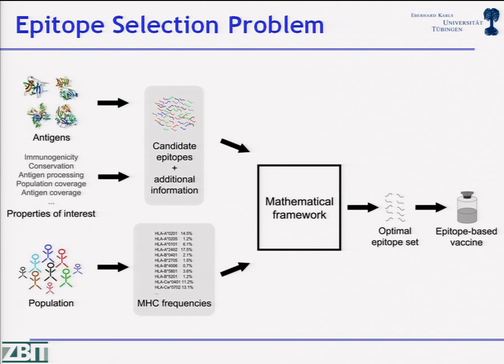So basically, for each MHC allele, we have the frequency of this allele in the population. And then we have a magic black, or in this case, rather white box, where all this goes in, and out comes an optimal set of peptides. And in the ideal case, in an ideal world, you would just synthesize these peptides and you had your vaccine. It's so very straightforward.